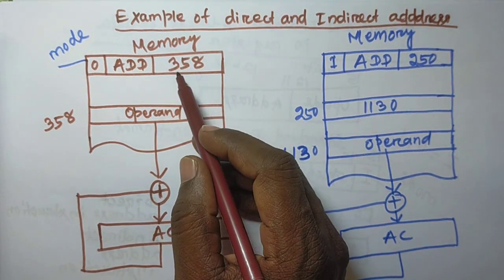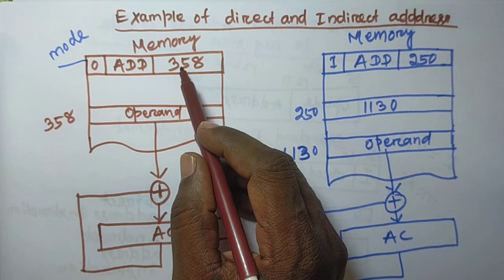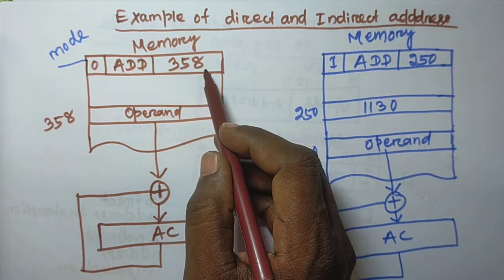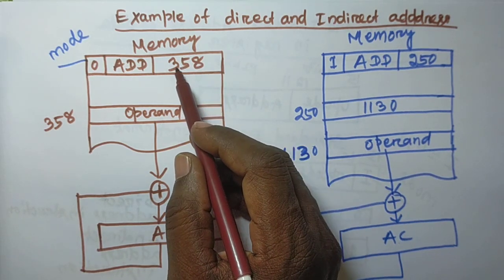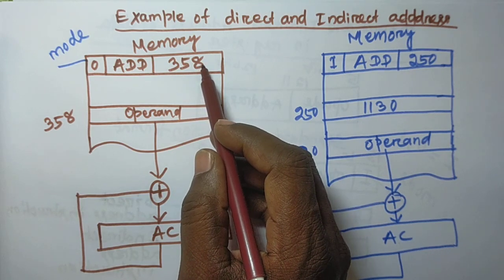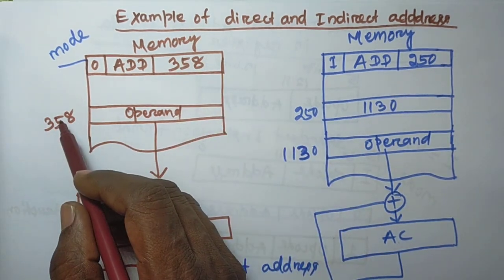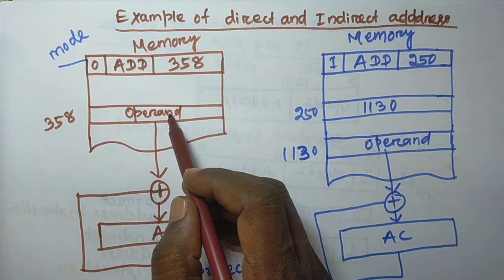For example, suppose the address part is 358, and at this address 358 the operand is available.